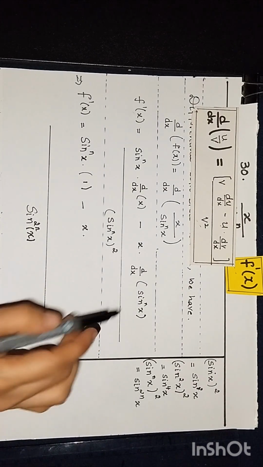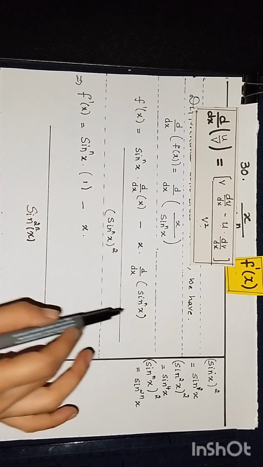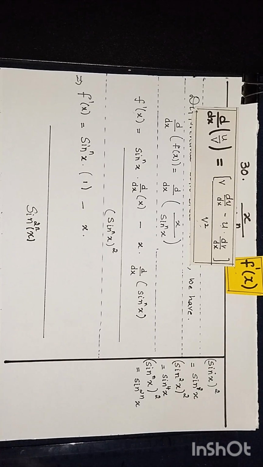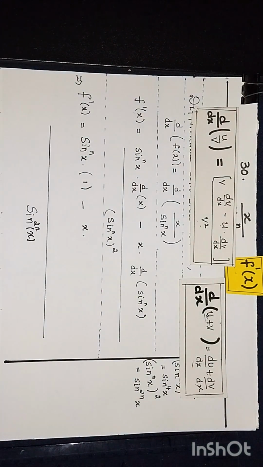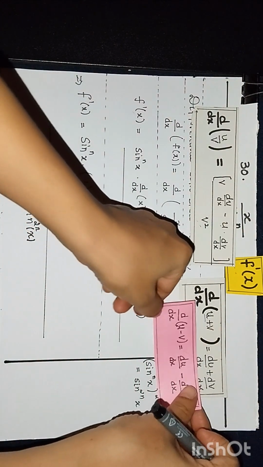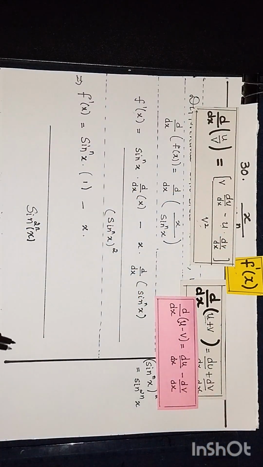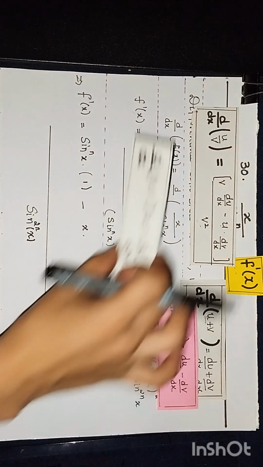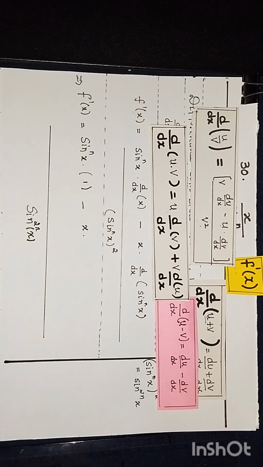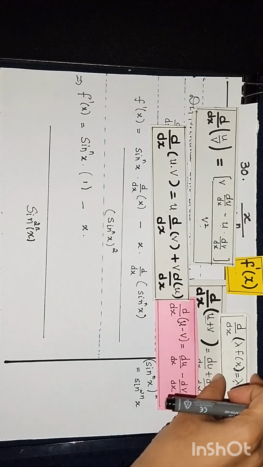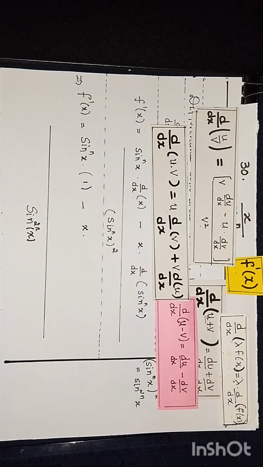Now you have to be careful how you're going to find the derivative of this. Will you apply u plus v rule, u minus v rule, or u into v rule, or u by v rule, or lambda into f of x, or constant into function?